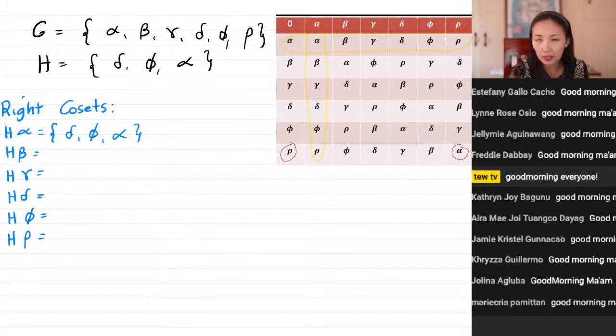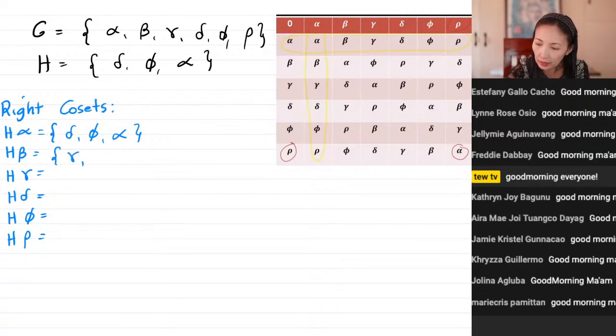Next, H beta. Delta times beta. Delta times beta is gamma. Can you see that from the table? Delta times beta is gamma. So gamma.